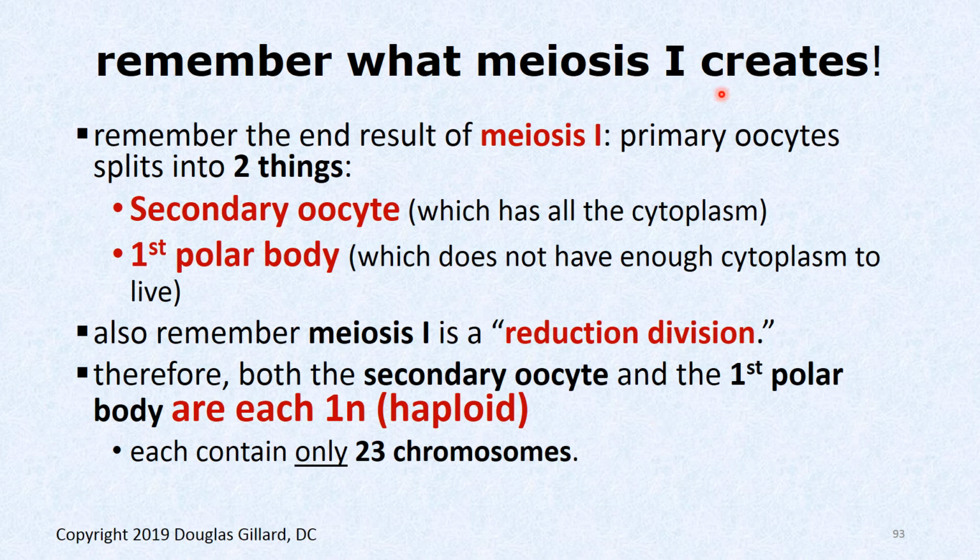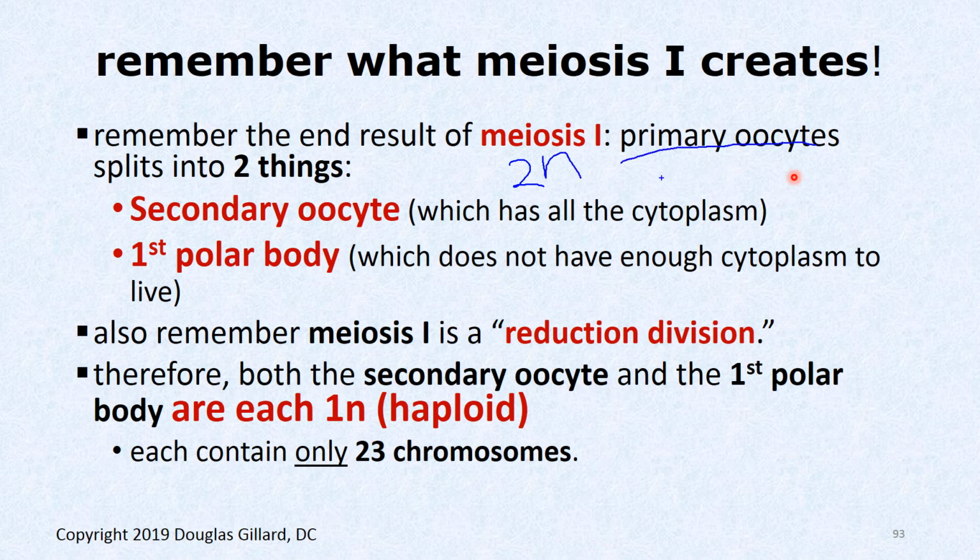Remember what meiosis 1 creates. Go watch the Amoeba Sisters. Now, I assume you know that meiosis 1 is a reduction division. So it makes kind of a clone in a way of itself, a secondary oocyte. Although, remember, the primary oocyte is what with regard to chromosome content? It's 2N. There are 46 chromosomes in the primary oocyte, right?